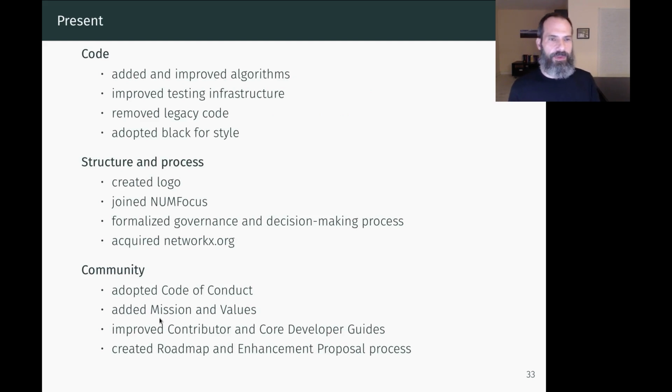So recently we've added and improved algorithms. We've improved our testing infrastructure. We switched from Nose, which is no longer supported, to PyTest. We also removed a ton of old legacy code, both from supporting the pre-NetworkX 1.0 libraries, but also from supporting Python 2 and Python 3 at the same time. We also recently adopted Black for style.